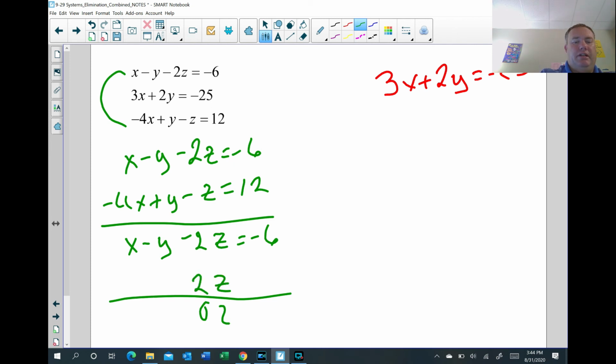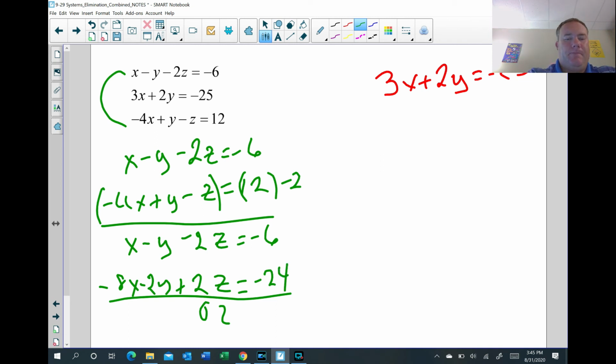So if I need a positive 2z, that means I'm going to multiply this whole equation by a negative 2. Negative 2 times negative 4 gives me negative 8x. Negative 2 times positive y gives me negative 2y. There's my 2z. And then on the next part, 12 times negative 2 gives me negative 24. Okay? All right, so go to eliminate from here.